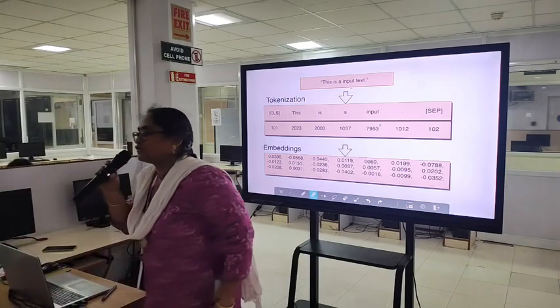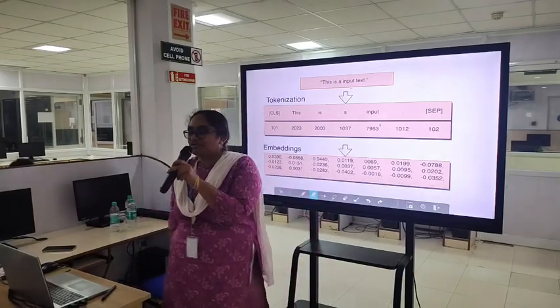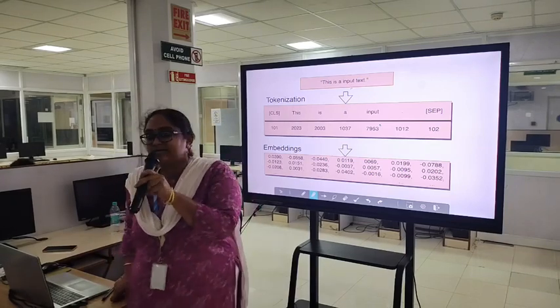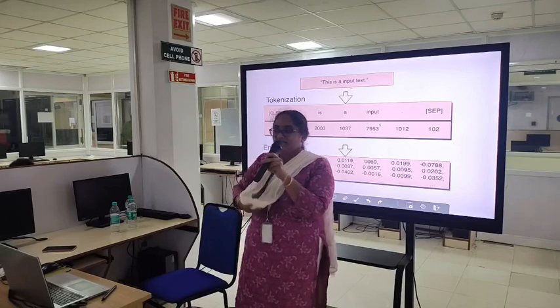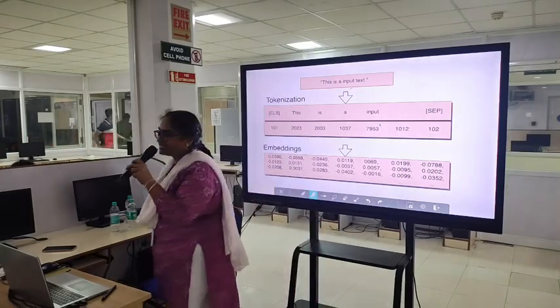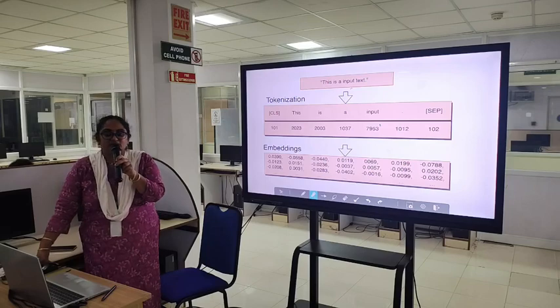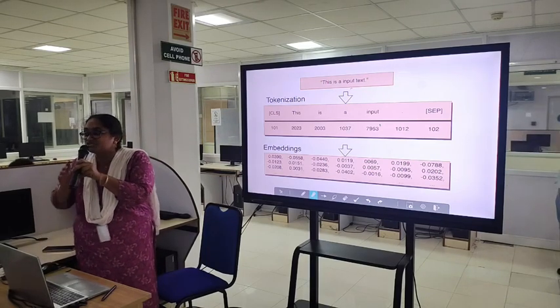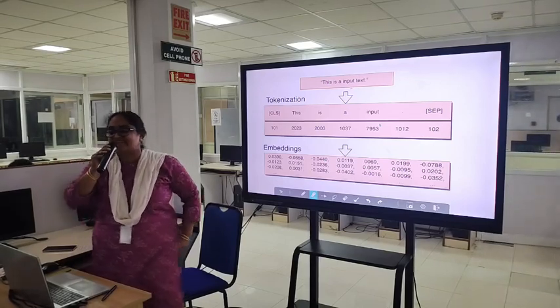Before I go to transformers, we need to understand natural language processing. NLP means the way you are processing your text and unstructured data. Sentences, text, paragraphs and all is called natural language processing, or natural language understanding, or natural language translation.